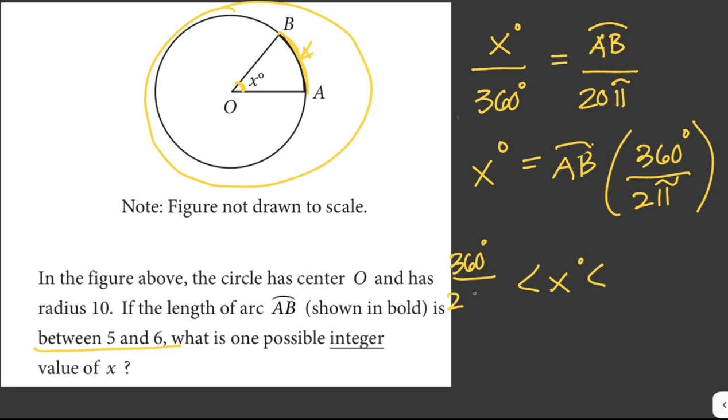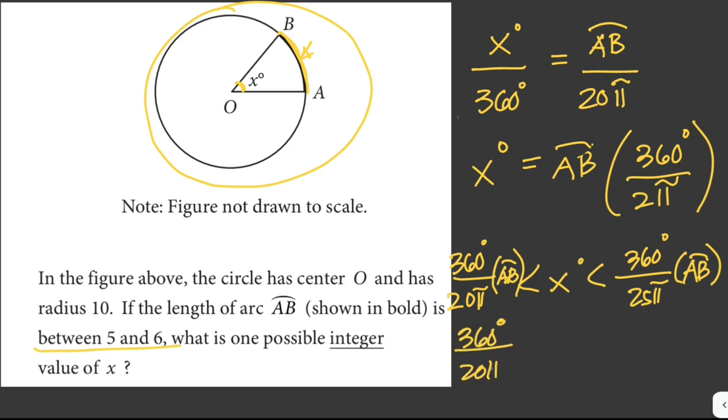Then we can plug in 5 and 6 here. So 360 degrees over 20 pi times 5, and then 360 over 20 pi times 6.